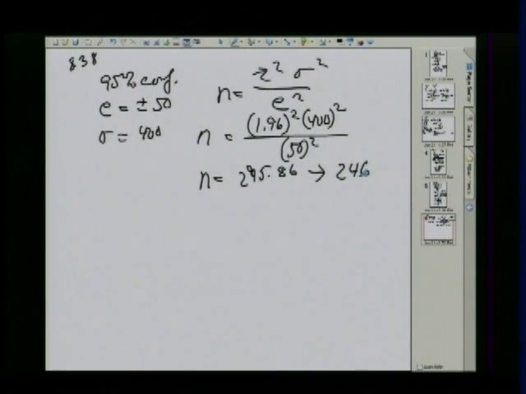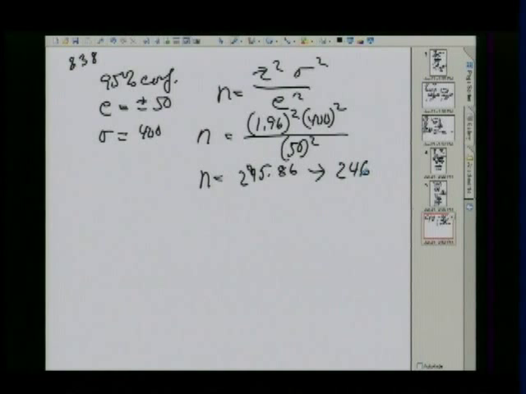Now in part B, they want us to revise the numbers slightly. They want us to change one number is all. They want us to change E to 25 instead of 50. So everything else stays the same. So this is part B. That was part A up here. Okay, so in part B, I say n equals 1.96 squared times sigma squared, which is still 400 squared, over E squared.